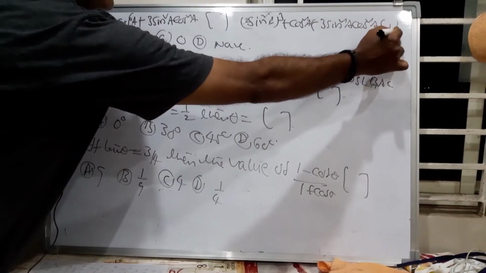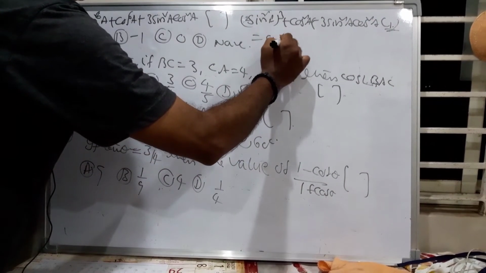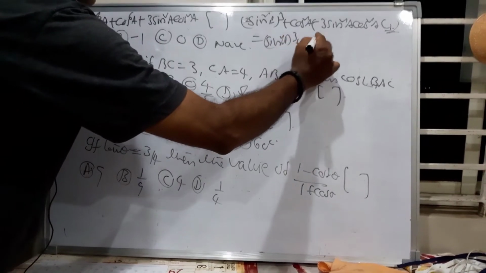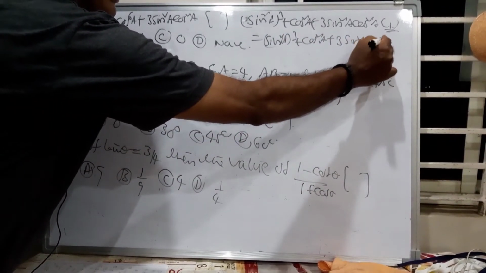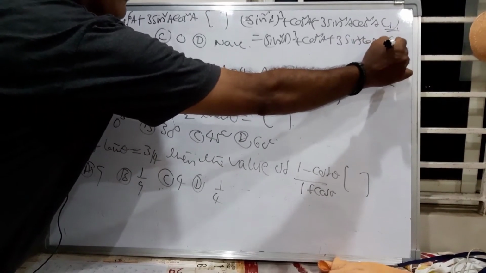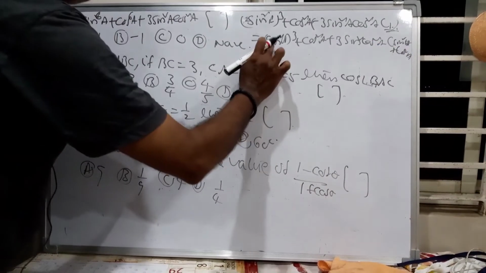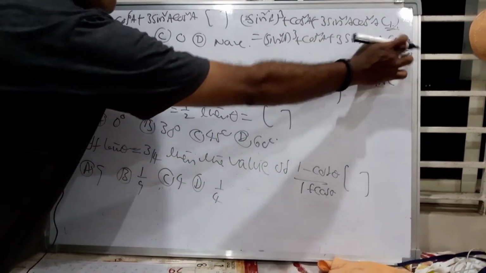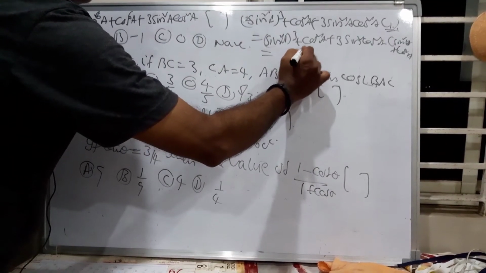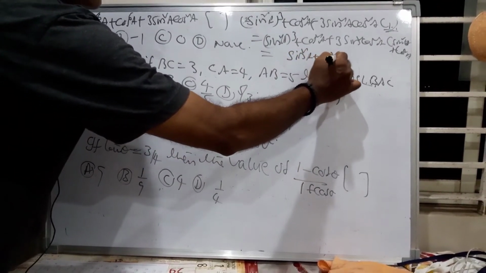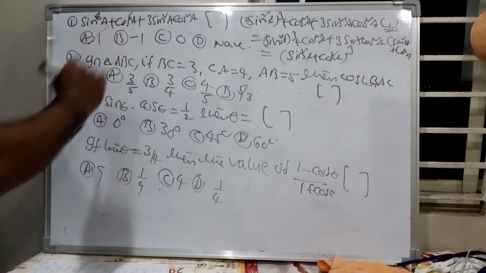This 1 can be written as sin square a plus cos square a. Now it is in the form of a cube plus b cube plus 3ab into a plus b, which is equal to a plus b whole cube. That means sin square a plus cos square a whole cube. Sin square a plus cos square a is 1, and 1 cube means 1. Therefore option is A.